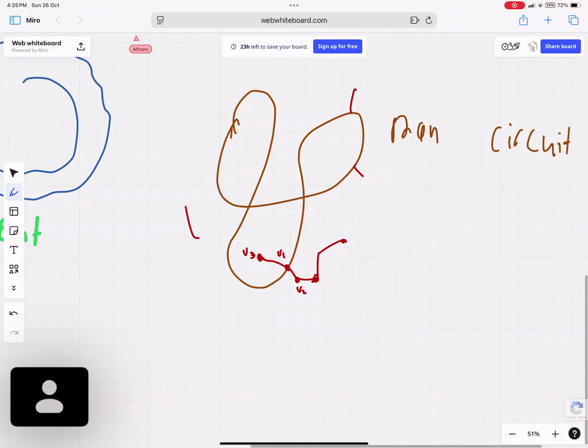Similarly, do that with V2 and V3. Since V2 also must have an even degree, it must go on. Eventually, you must come back to a particular vertex that you have considered because the graph is finite. And then you have a circuit.